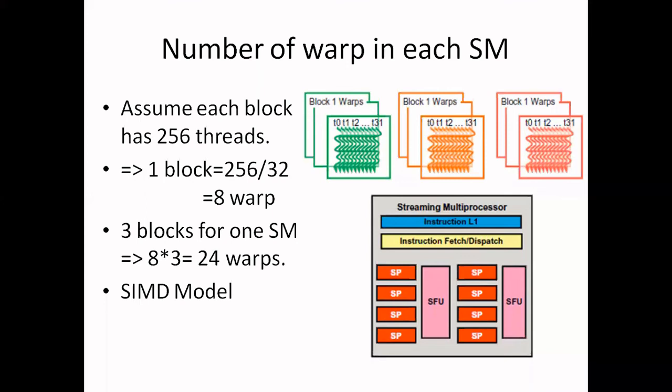This GPU that we are studying uses the SIMD model, where we have a single instruction and we just change the data. One instruction is executed on all the streaming processors inside this one multiprocessor.